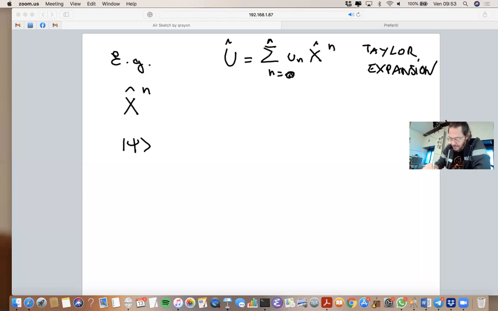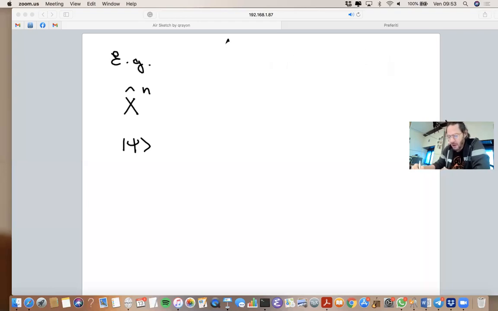Okay, so that's our example. How do we predict the outcome of an experiment that wants to measure the observable x to the n, knowing that the system is in state psi? Well, if you think about it, you would say from psi, I project on the position basis, and I get the wave function psi of x.